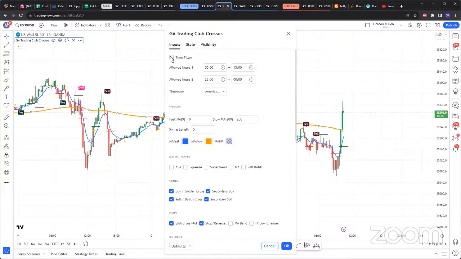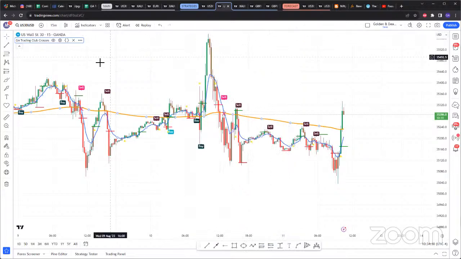I advise guys not to trade 3 p.m. Eastern Standard Time to 11 p.m. Eastern Standard Time. If you do not want signals between a certain time, go ahead and turn on the time filter, put in the times you want the signals to show up, and then just let the indicator do the rest.